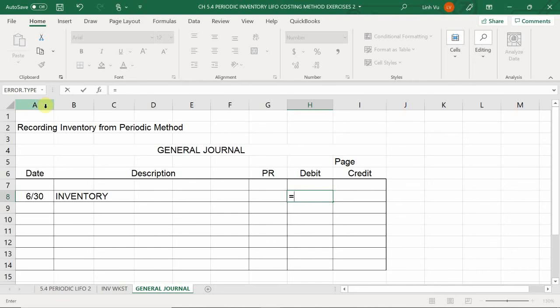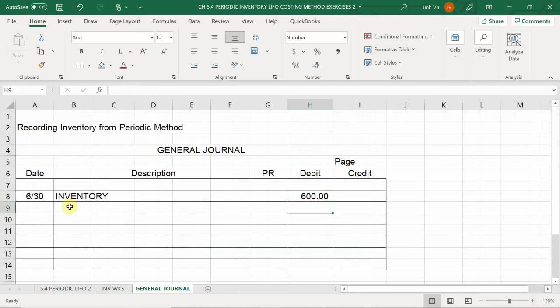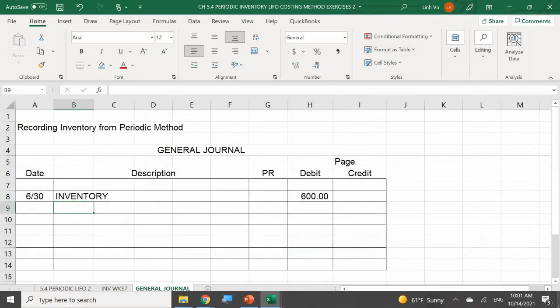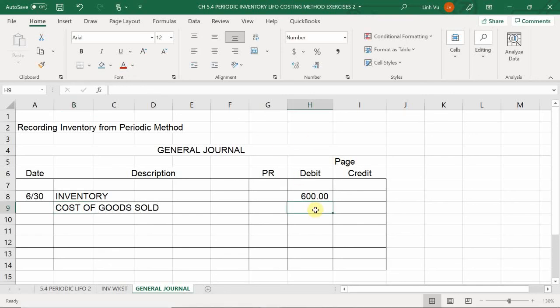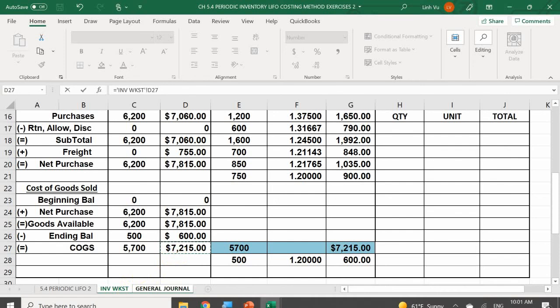What is my ending inventory? 600. And then what else do I need to recognize? Cost of goods sold, which was a total cost of 7,215.